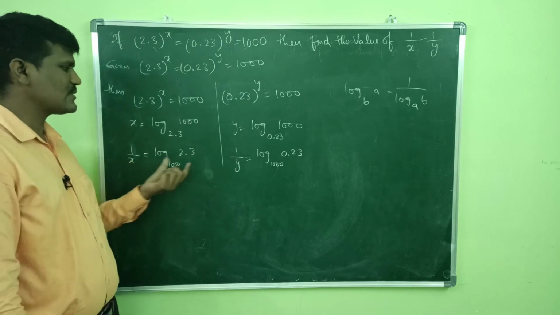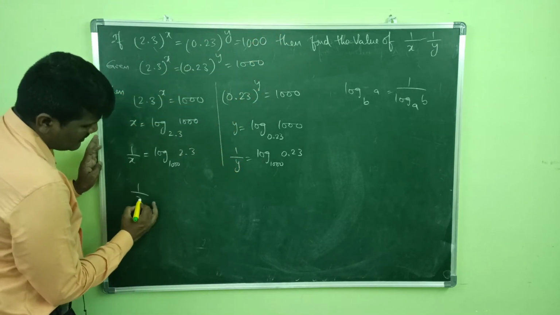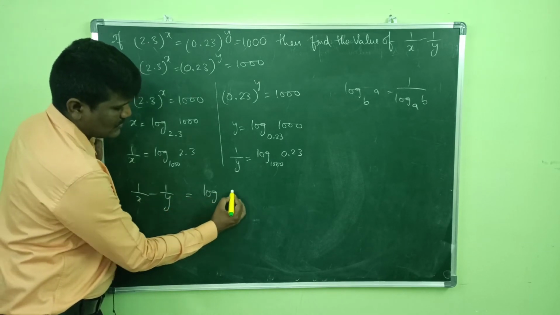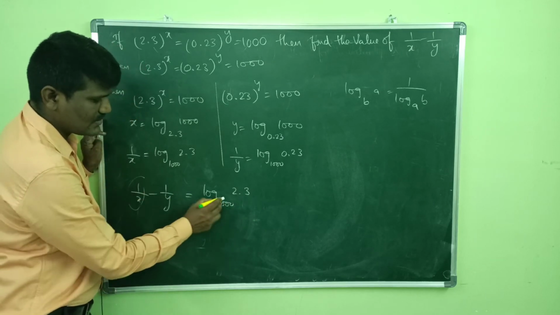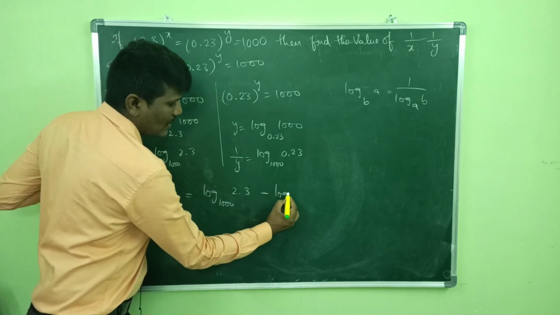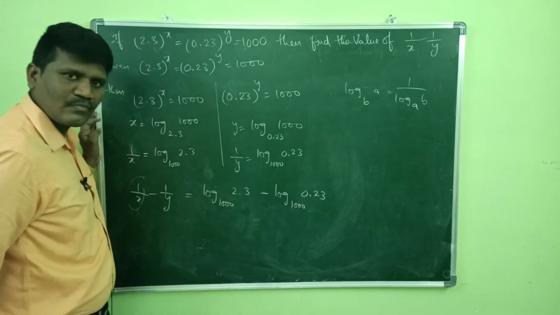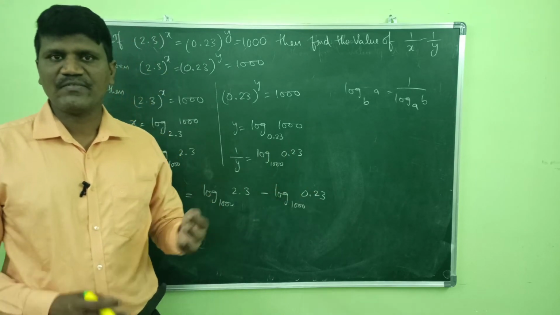Now I got the 1/x and 1/y values. So find the value. 1/x minus 1/y is equal to log 2.3 to the base 1000, because the 1/x value is this, minus log 0.23 to the base 1000. Now I can use the formula here, log x minus log y is log x/y.